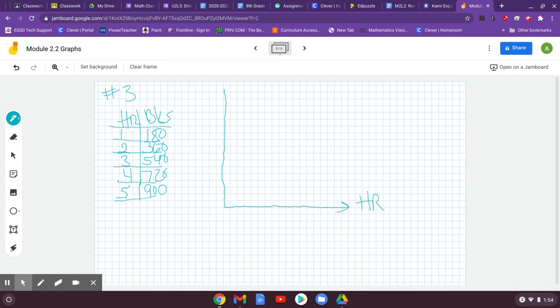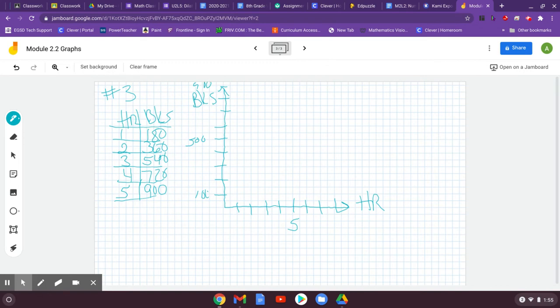Here we've got hours. Here we've got books. 1, 2, 3, 4, 5, 6, 7, 8. And going up the side, I've got to get up to 900. So I'm thinking I'm going to go up by hundreds. 100, 200, 300, 400. Here's 500, 600, 700, 800. Oh, 900's all the way up here.